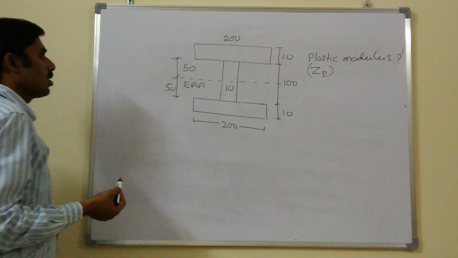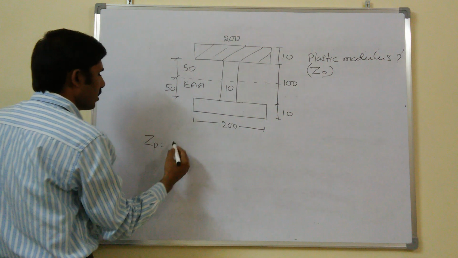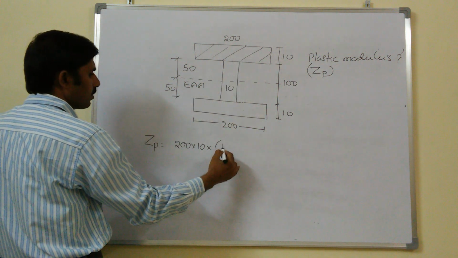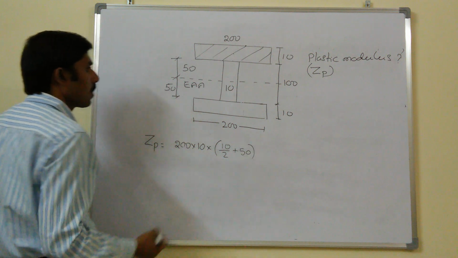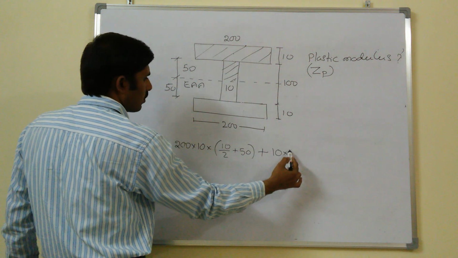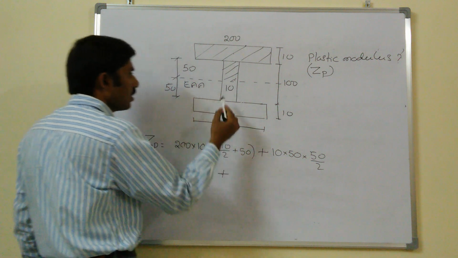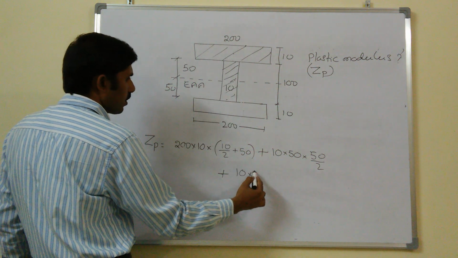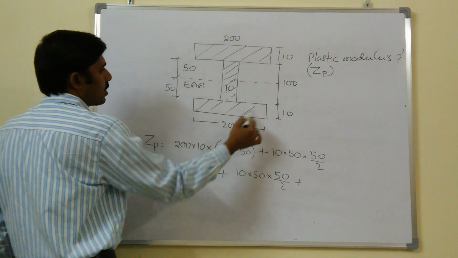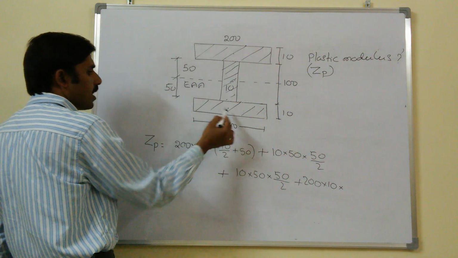So now ZP equals first this rectangle, 200 into 10 into centroid distance 10 by 2 plus 50, plus this portion of rectangle, 10 into 50 is the area, into 50 by 2, plus this portion, also 10 into 50 into centroid distance 50 by 2, plus finally the bottom flange, 200 into 10 is the area, centroid distance is 50 plus 10 by 2.